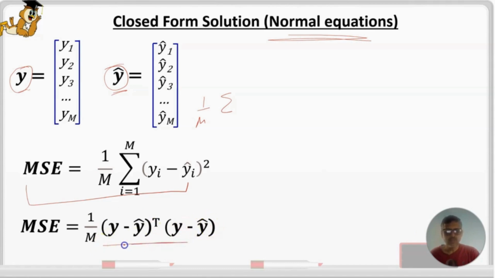You know how vector multiplication works: you transpose this vector and multiply it with itself.